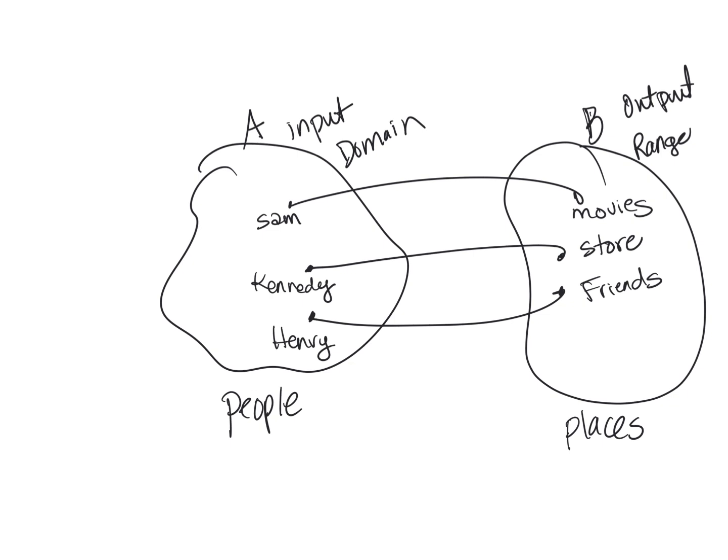We can also have Millie go to the movies. 2 people can go to the movies. But what you can't have is one person go to 2 places at the same time, right? We can't have Millie at the movies and the store at the same time. So in order to be a function, it has to have this relationship that for every input, there's exactly one output.